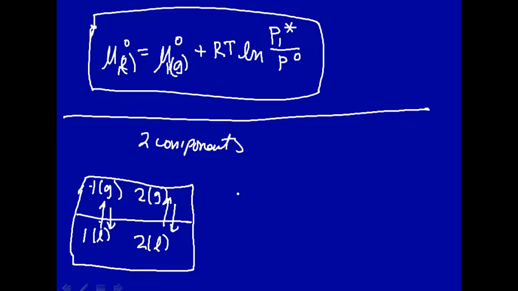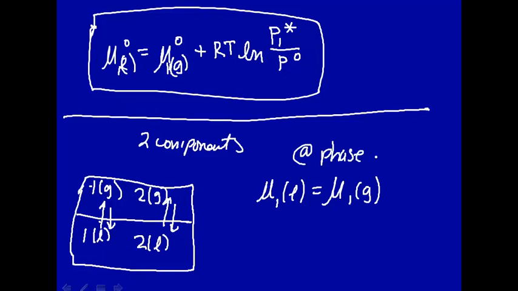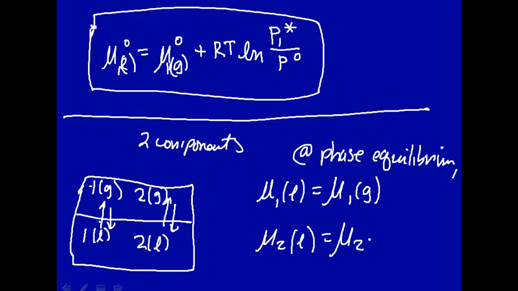Okay, so what we have now with these two components is that the chemical potential of 1 in the liquid phase is equal to the chemical potential of 1 in the gas phase. That's at equilibrium. This, by the way, is at phase equilibrium. Okay, and the chemical potential of component 2 in the liquid phase will be equal to the chemical potential of component 2 in the gas phase. That's what we mean by phase equilibrium.